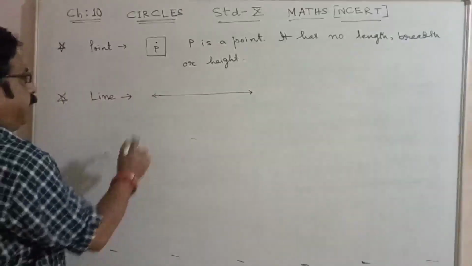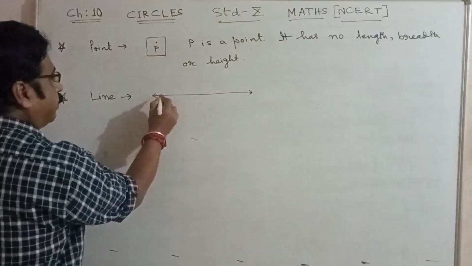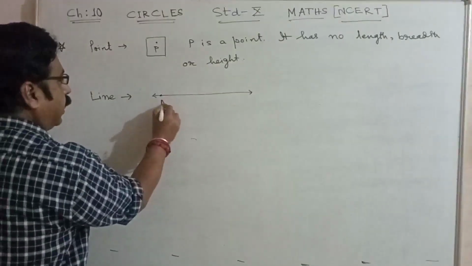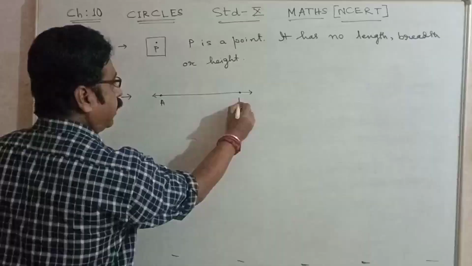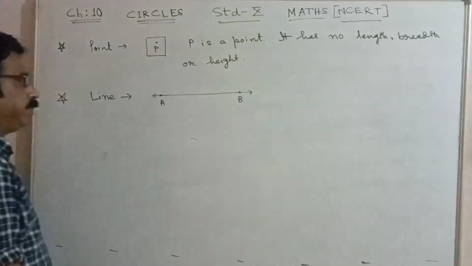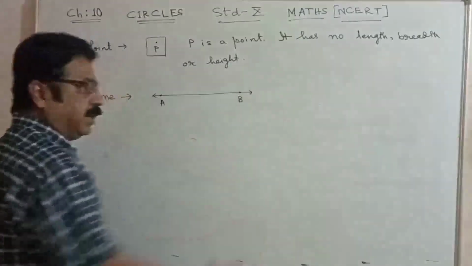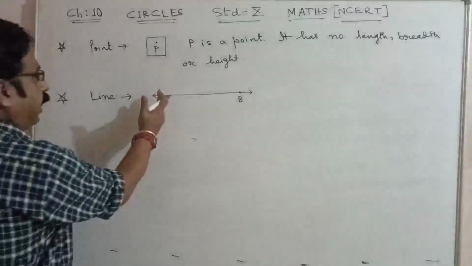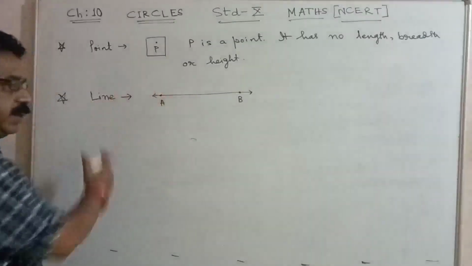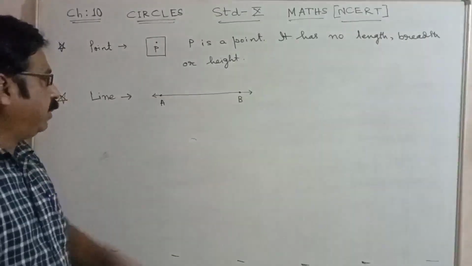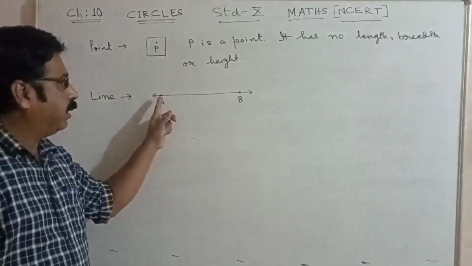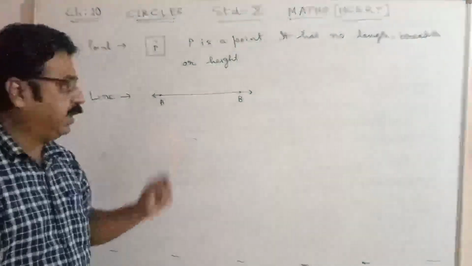So we can name the line, take any 2 points A and B. After point B right side it is endless, and after point A left side it is also endless. How many points lie on this line AB? Infinitely many.